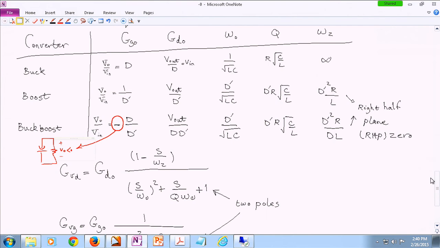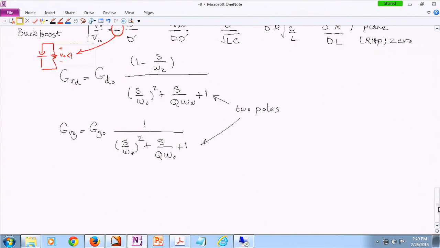So let's talk a little bit about that. If you have taken a control class, you know that if a system has a right half plane zero, the indication is the system is a non-minimum phase system, or has a non-minimum phase zero.